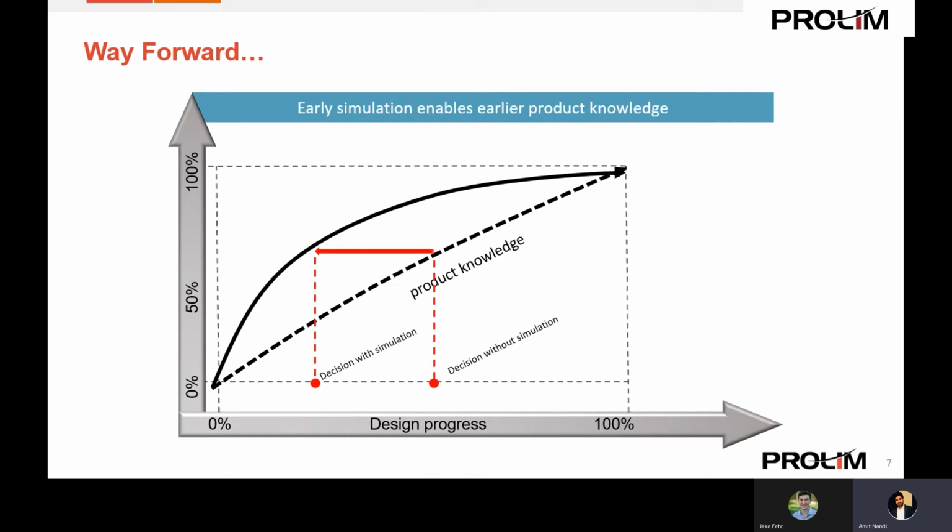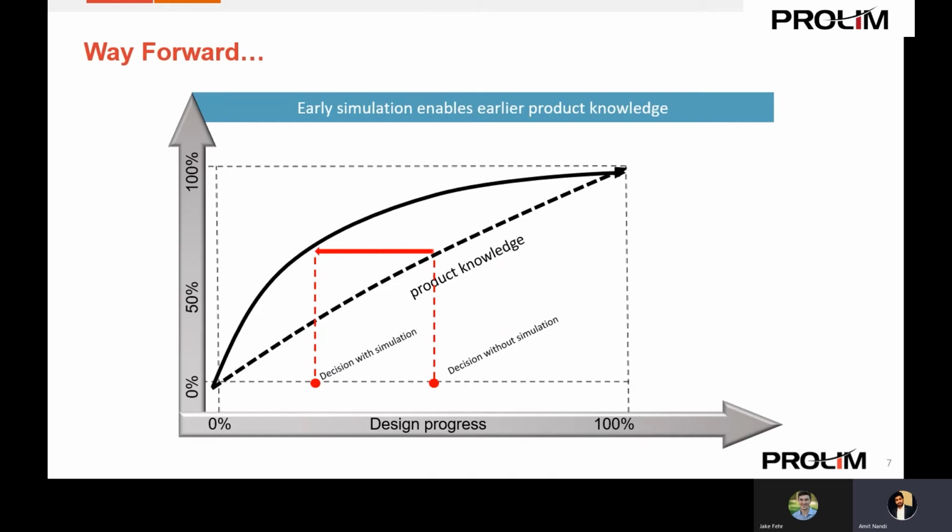Like if you are able to check the material strength either with respect to steel or aluminum or composites in the initial phase, then you will have all the freedom to change the material in the initial phase itself, not at the end of the design.